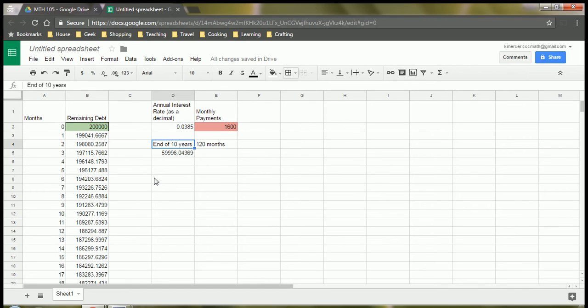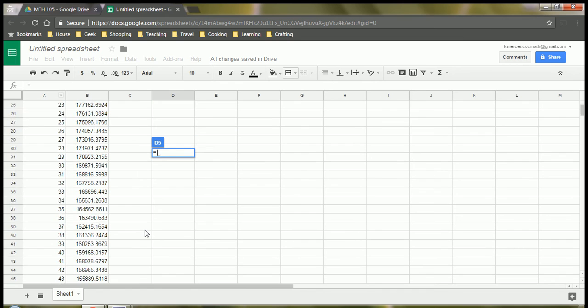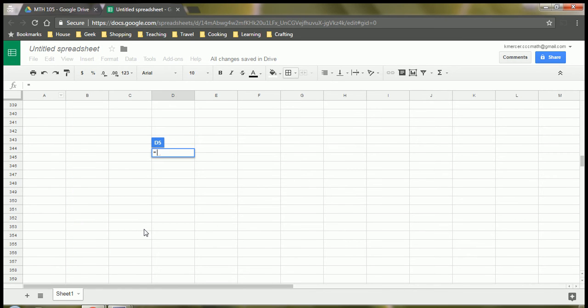We are talking now about a 30-year loan, which is going to be 360 months instead. And so I need to change this cell to be my 360th month. So I'm going to scroll down here. I didn't go all the way to 360. So we have to fix that.